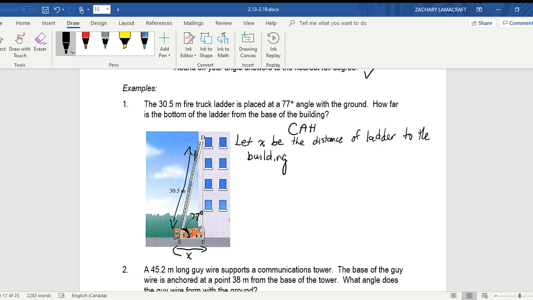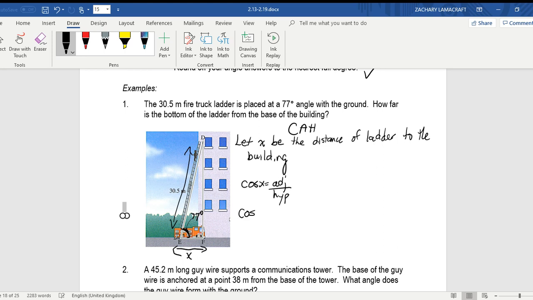Now our job is to put in that cos x is equal to the adjacent side over the hypotenuse side. And from here, we can begin putting in some of the data.